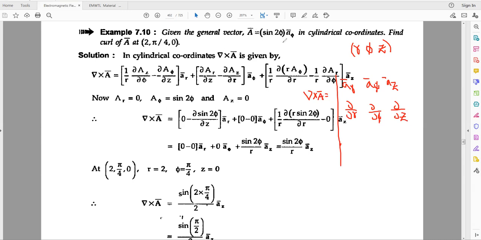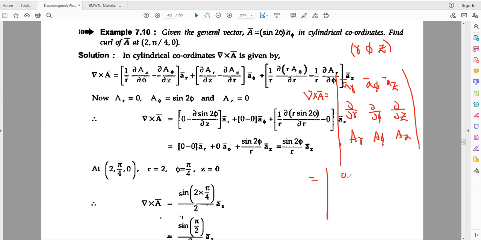A bar means actually AR, A phi, and AZ. What is the AR bar coefficient? What is the A phi bar coefficient, and what is the AZ bar coefficient? So we have only the A phi coefficient.